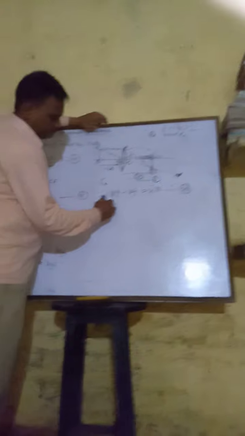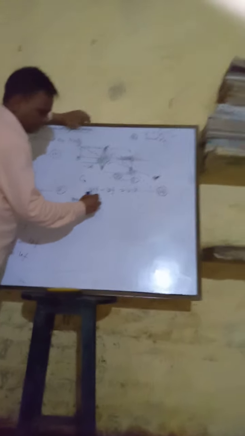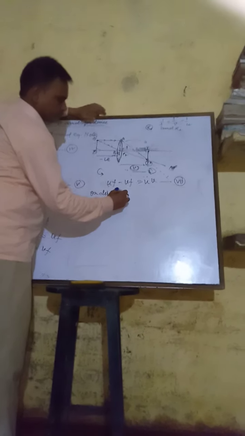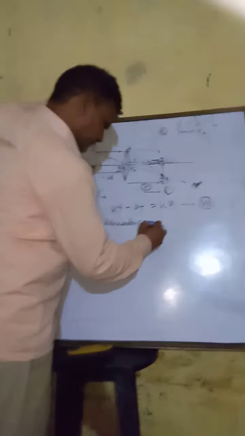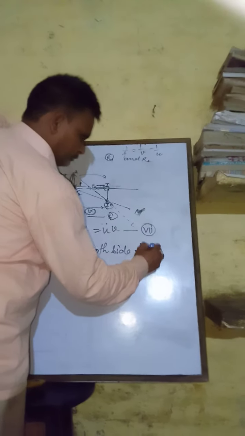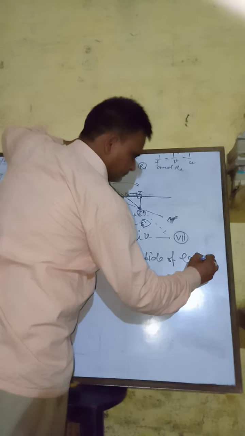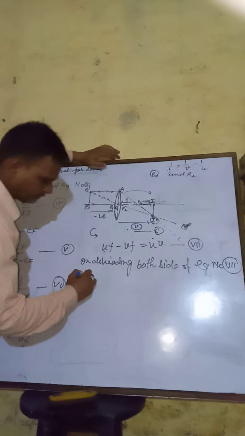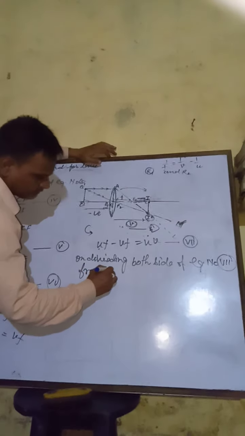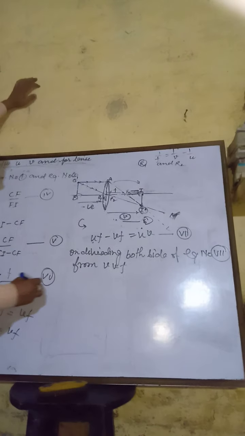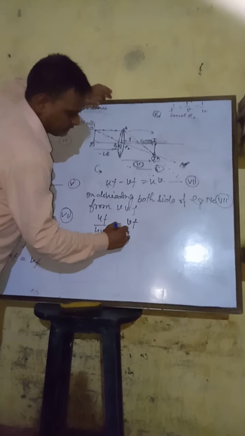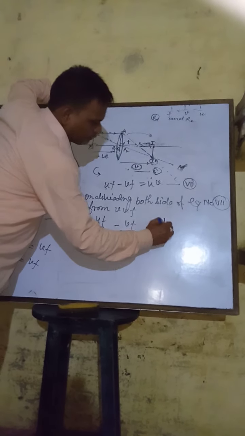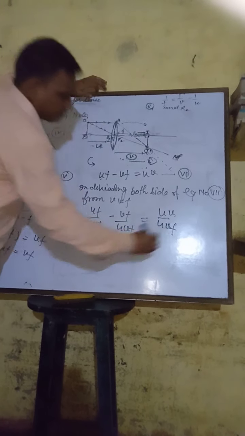On dividing both sides of equation number 7 by uvf, we will find that uf upon uvf minus vf upon uvf is equal to uv upon uvf.